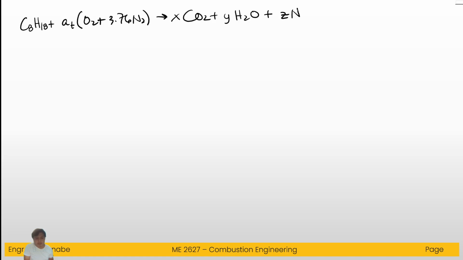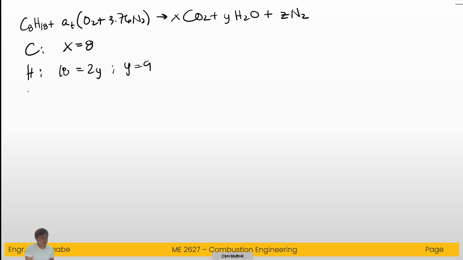So Z, N2. Okay, so for the carbon, x is equal to 8. And for the hydrogen you have 18, so 18 is equal to 2y. So y is equal to 9.